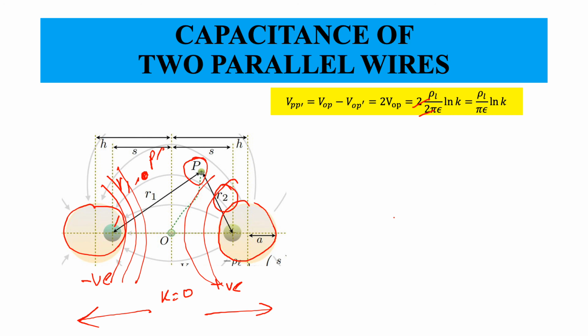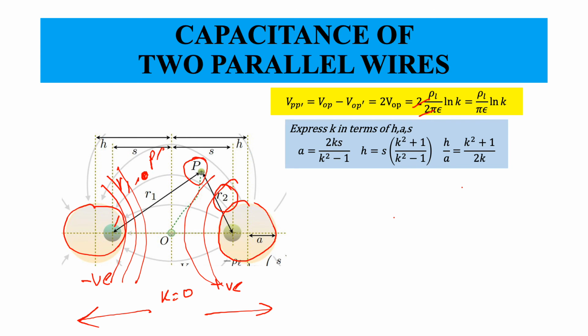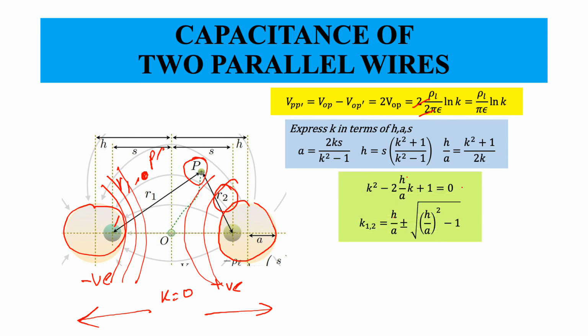Now what is K in terms of S and H? The expression of K in terms of H, A and S is important to us because these determine where we have to place the conductors. So it is good to know the value of K in terms of H and A. For that we solve this and get this equation.